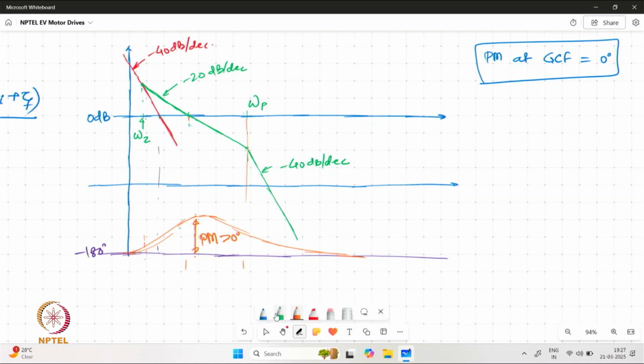Now, when we are saying symmetric optimum, the condition that is imposed by this method is that the distance between the zero and the zero crossing of this magnitude plot, which is also the bandwidth of the closed loop system, is the same as the gap between omega b and omega p.